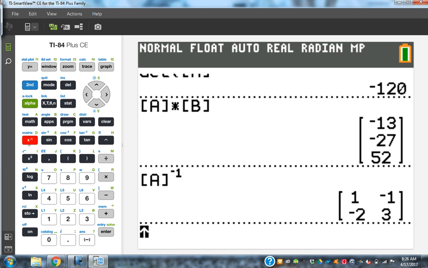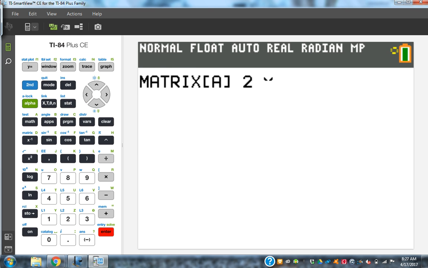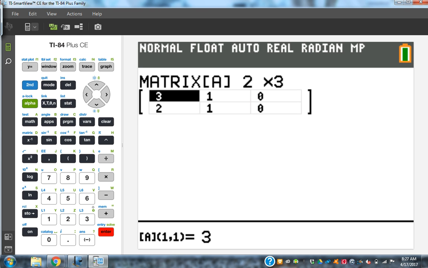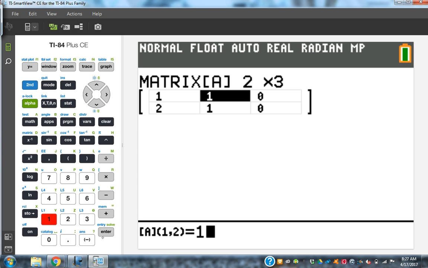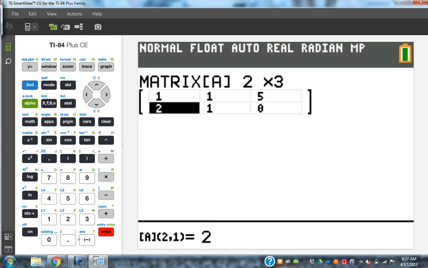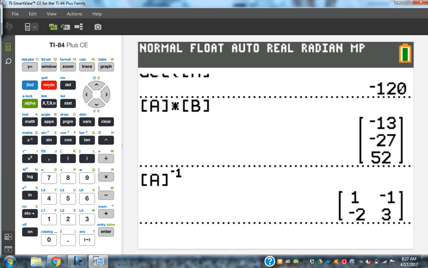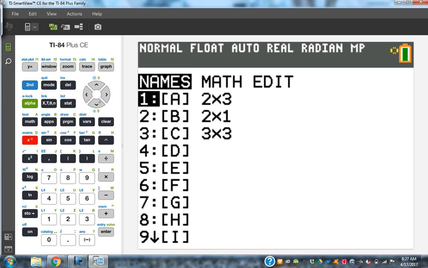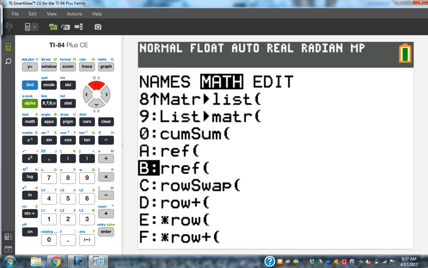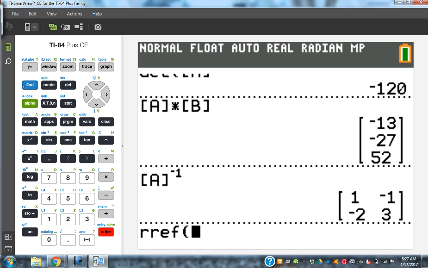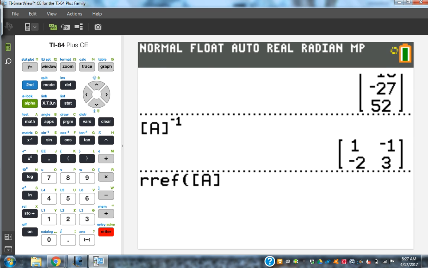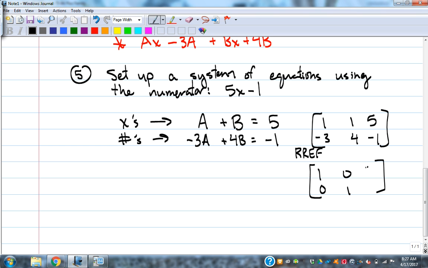On the graphing calculator, I'm going to go to matrix, edit, make it a 2 by 3. 1, 1, 5, negative 3, 4, negative 1. Then you want to do RREF on matrix A. 3 and 2. So A is equal to 3, B is equal to 2.